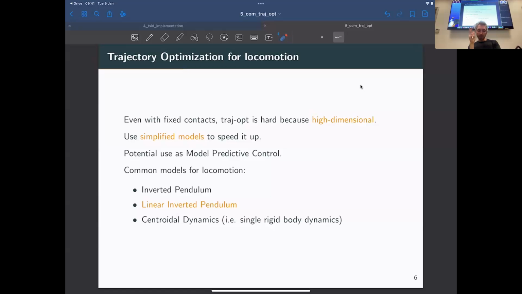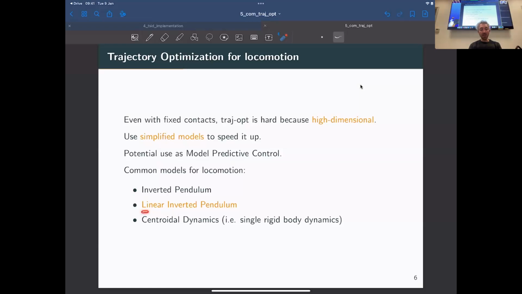And using this mindset, there have been different simplified models that have been proposed for locomotion. One is the inverted pendulum, because the robot, when it's standing on one foot and moving forward, it looks a lot like an inverted pendulum, which has a joint on the foot attached to the ground, and it's just rotating about this joint.